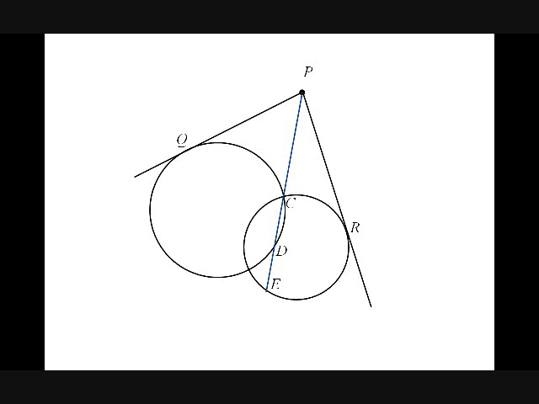Okay, well look at the circle on the left. We know that PQ squared is equal to PC times PD. Okay, but PC times PD is less than PC times PE because PE is obviously longer than PD. And now look at the circle on the right. On the right, we see that PR squared is PC times PE.